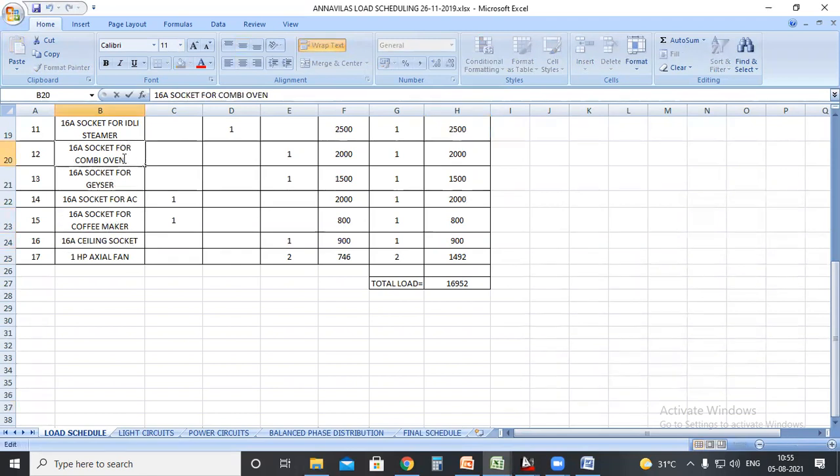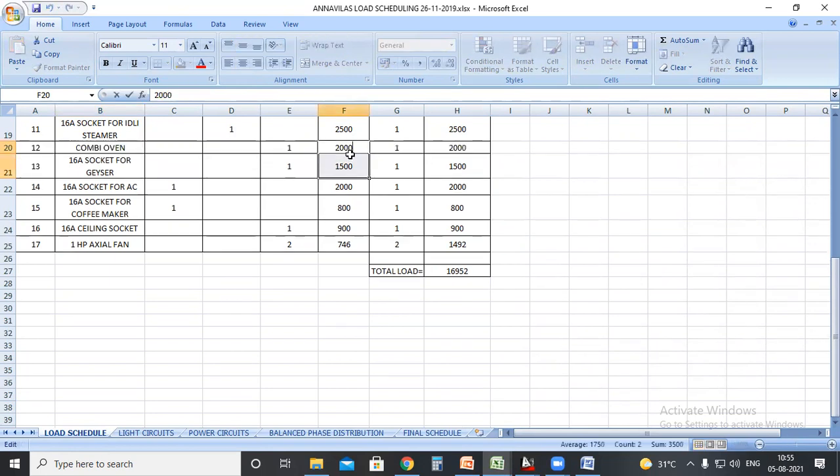I'm just taking an oven, and the total load is 6000. Just imagine this oven runs on a 3-phase supply. It will not run on 230 volt.